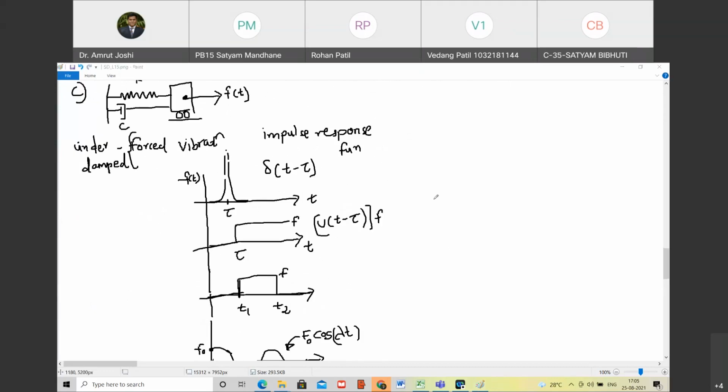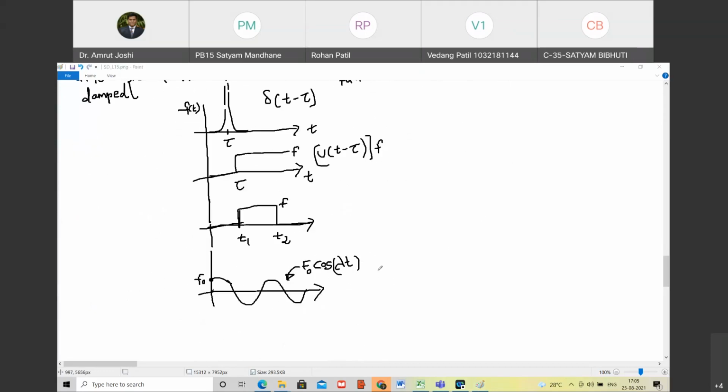And then in this particular case, we talked about the phenomenon of resonance, when forcing frequency lambda approached natural frequency of the system omega.